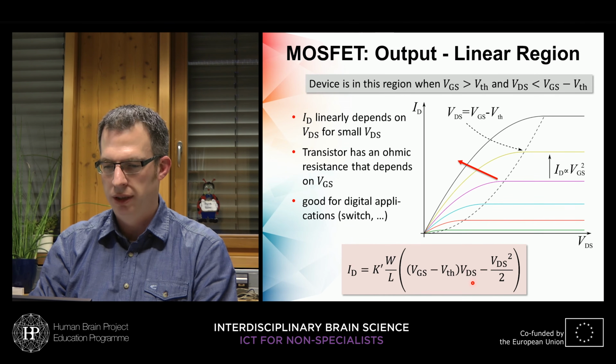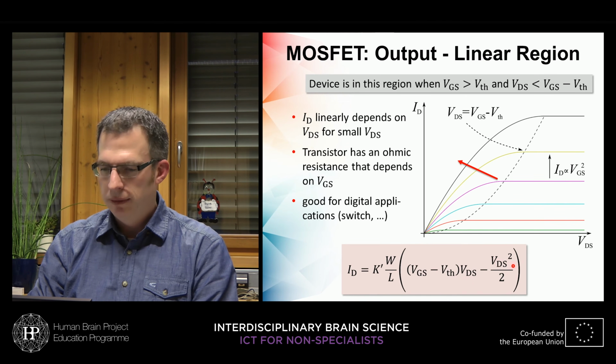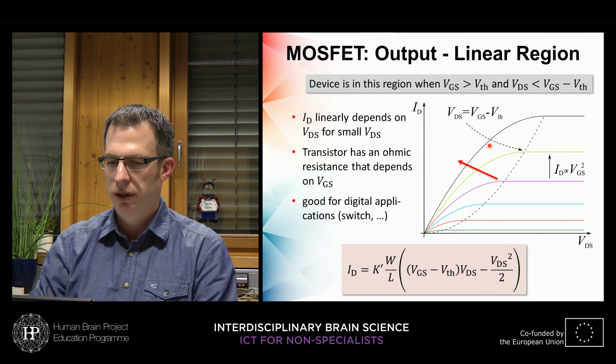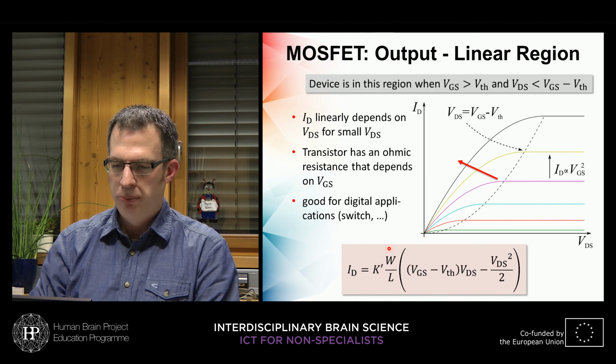That's why it's called a linear region. And with increasing drain source voltage, this quadratic term comes into play, which is also causing this decay of the curve. But initially it's linear.